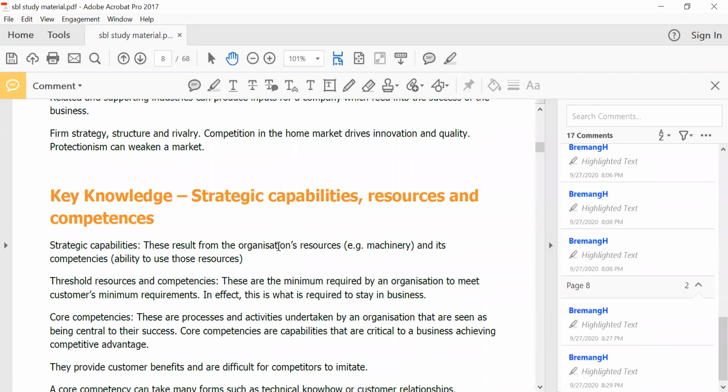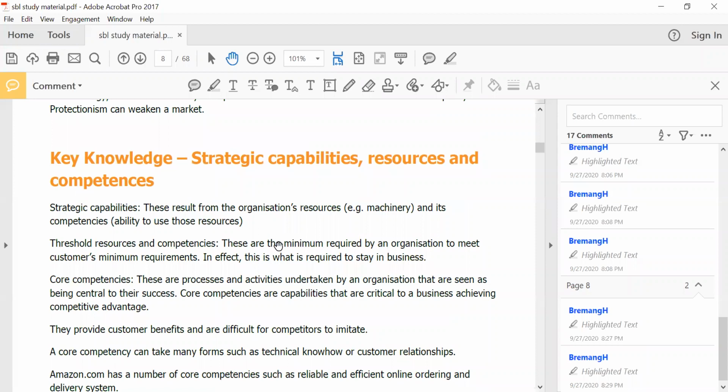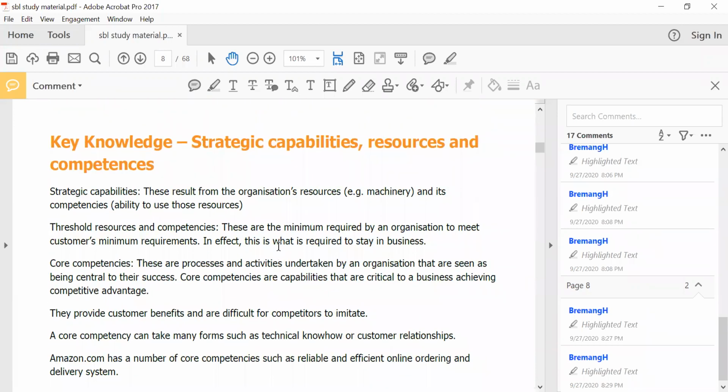The next one, we are looking at some definitions: strategic capabilities, resources, and competencies. In our quest to attain competitive advantage, we are to look at our in-house, that is, internal strength. Let's look at our strategic capabilities, our resources, and our competencies. Going through this will help you attain that competitive advantage.